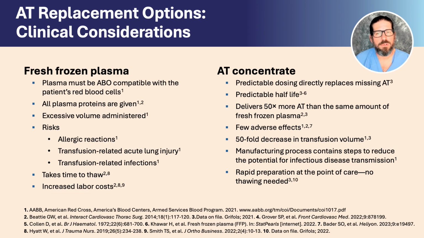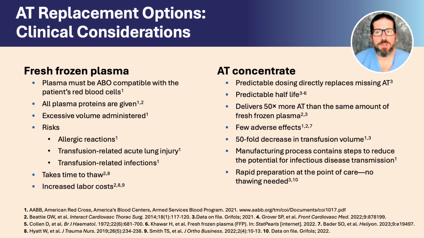Antithrombin concentrate delivers 50 times more antithrombin than the same amount of fresh frozen plasma, as a concentrate isolated from other proteins and factors. The amount of antithrombin in a 10 ml vial of antithrombin concentrate equals the IU of antithrombin in 500 ml of fresh frozen plasma. Patients administered fresh frozen plasma receive a higher infusion volume and are at an increased risk for volume overload.